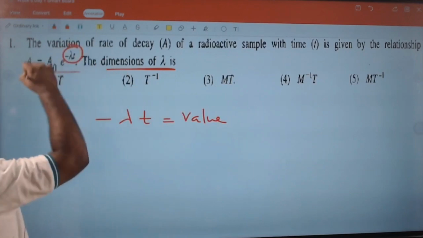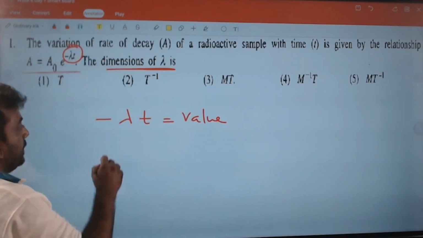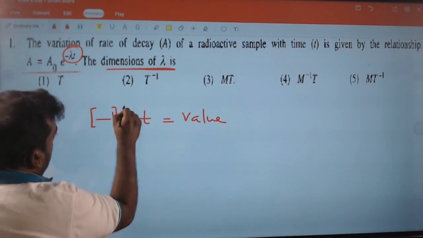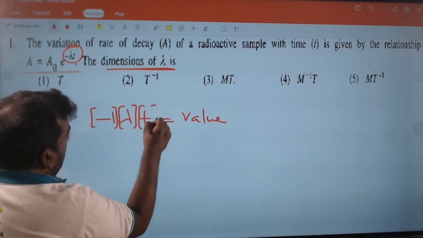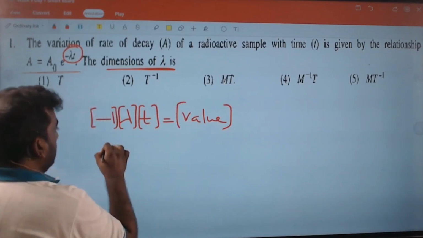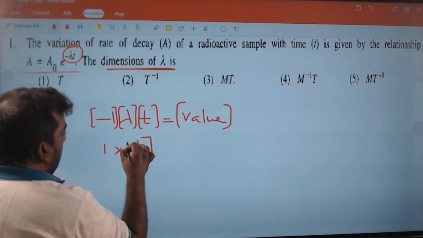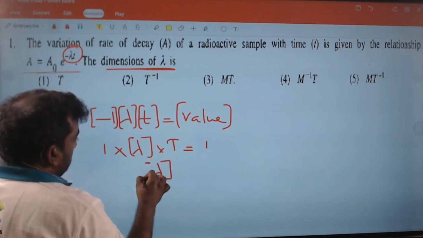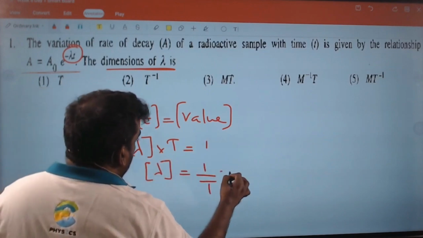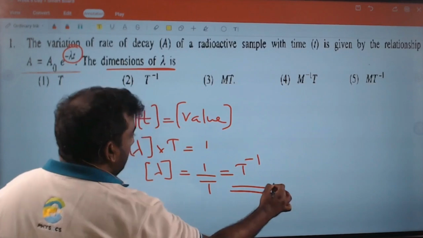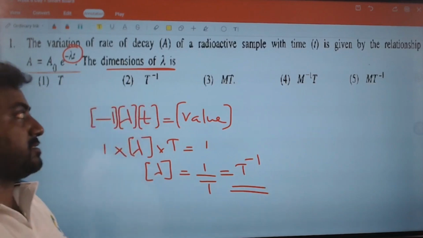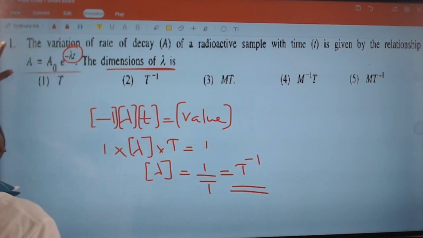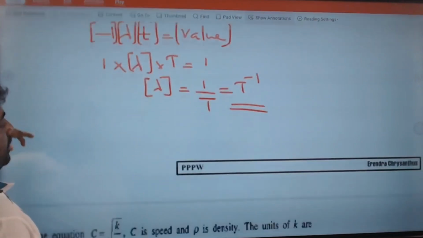Whatever you put here is going to be a value. So minus 1 dimension, lambda dimension, t dimension is a value. Values are dimensionless. So lambda dimension is equal to 1 over t. In other words, T to the power minus 1. Okay. Moving forward.